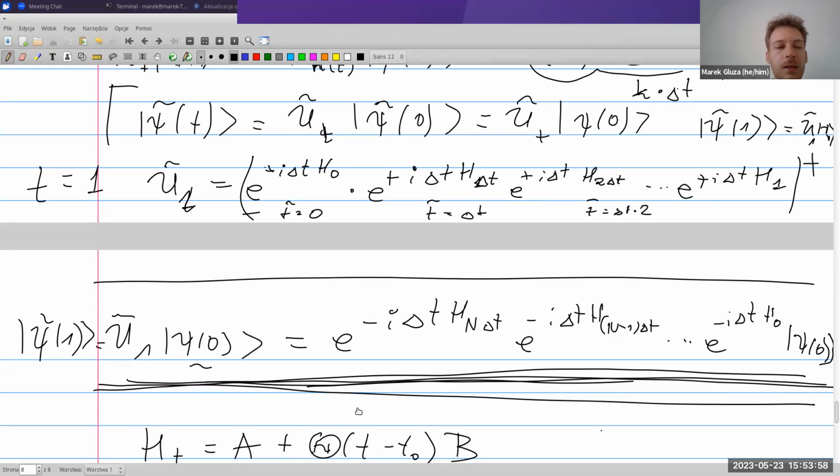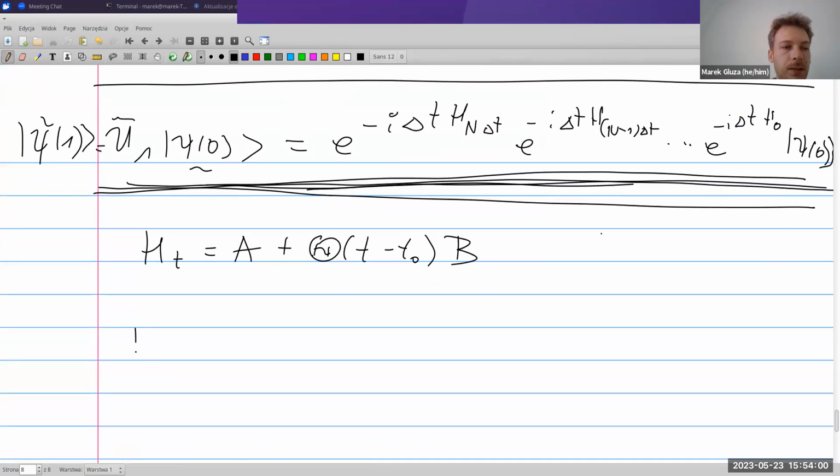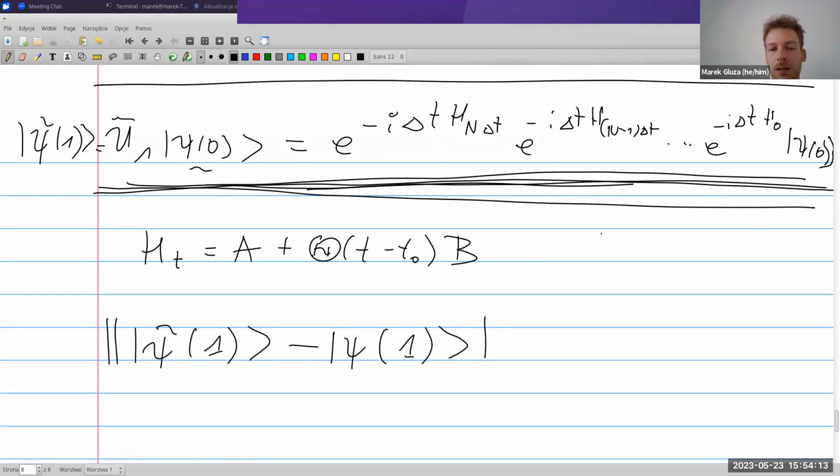In general, we can write psi of t, but I have also the full solution at the final time of our evolution, which we are setting to 1. And we are asking what was the dependence here on delta t? Can we derive, for example, O of delta t, and what will be the constants?